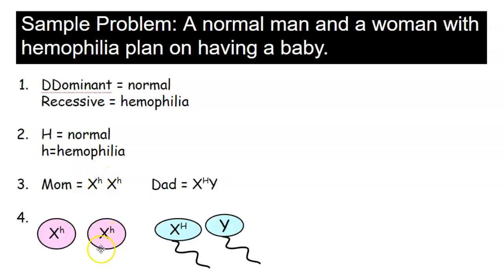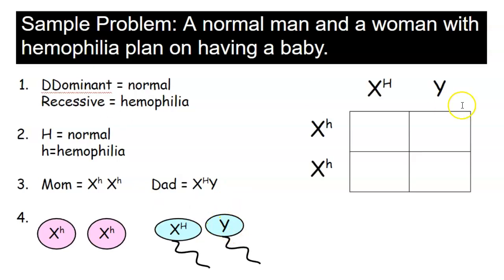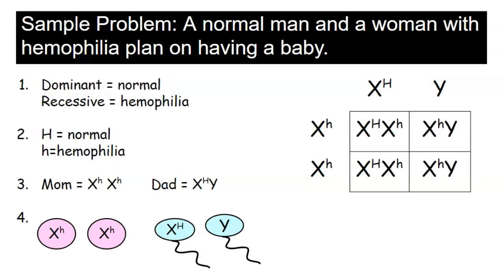We put the egg and the sperm; they each get either an X with that little letter or a Y. Now we put them in our Punnett square. Mom's goes on one side, the X with the little h, the X with the little h. The X's are always going to have a little letter with them. Then we fill in the Punnett square.